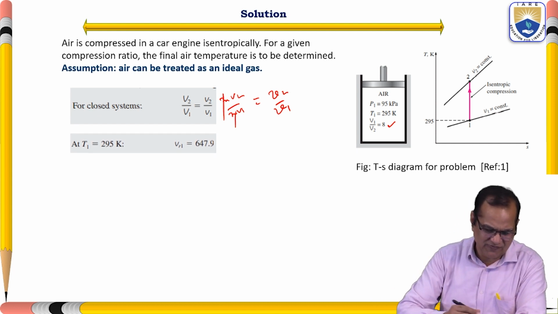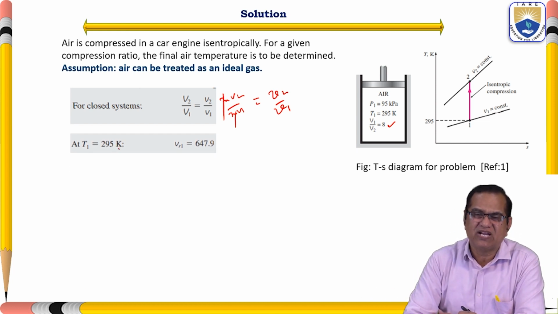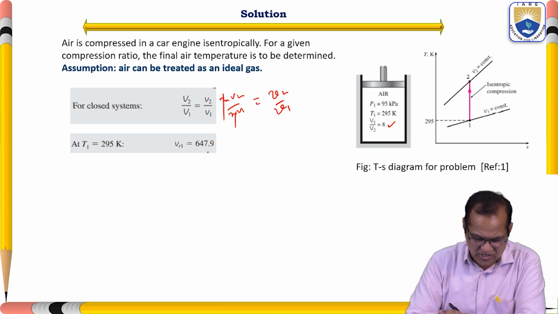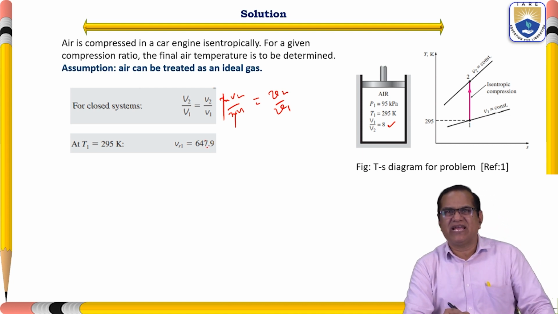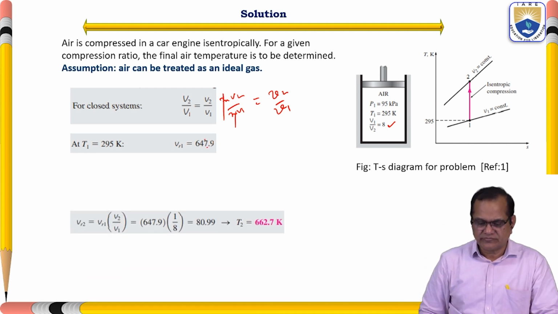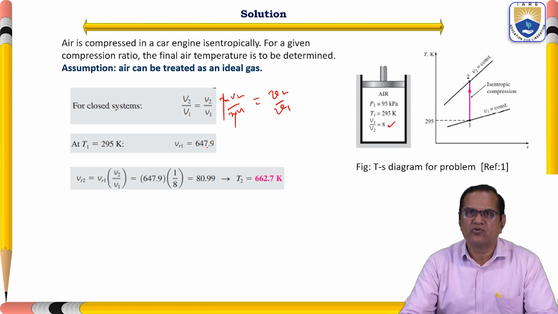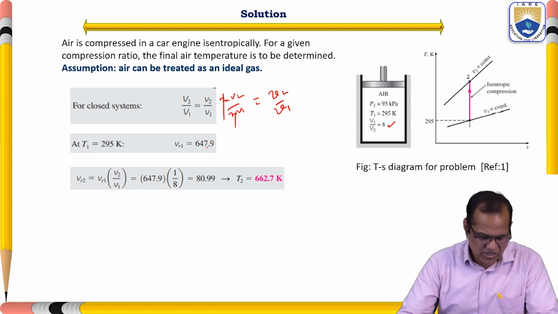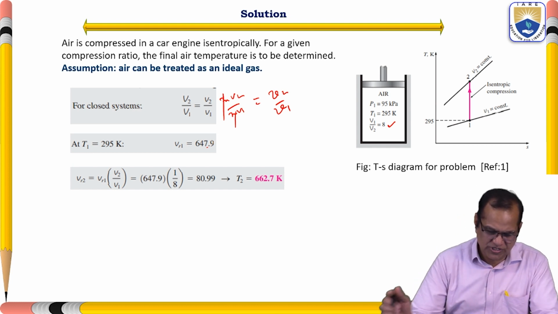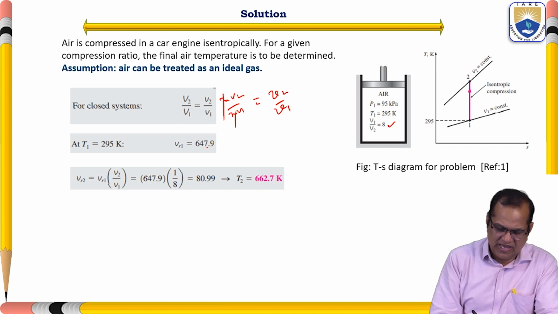So here T1 is equal to 295 Kelvin, vr1 is equal to 647.9. So vr2 is equal to vr1 times V2 by V1, that is 1 by 8.